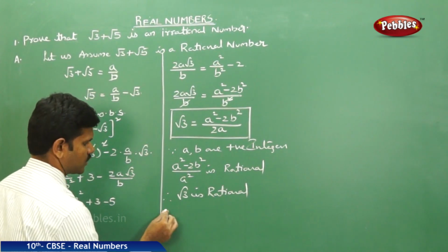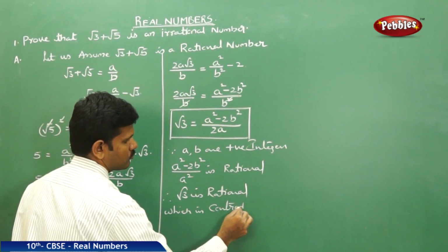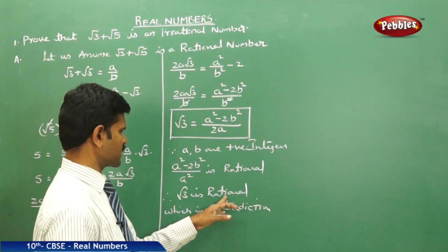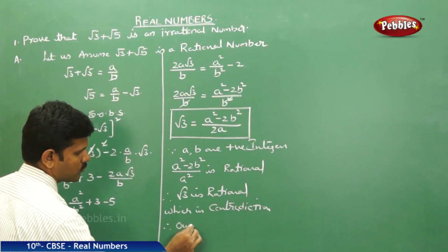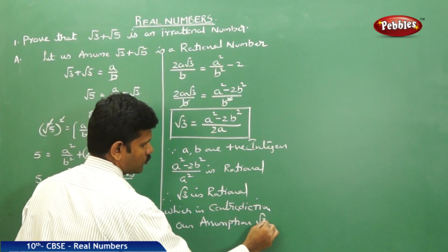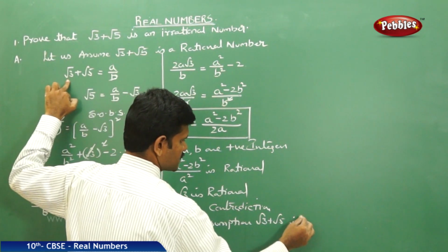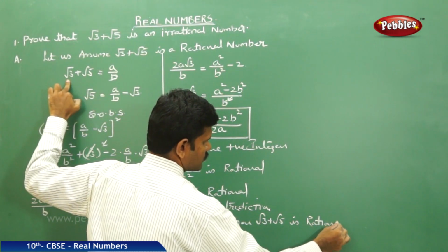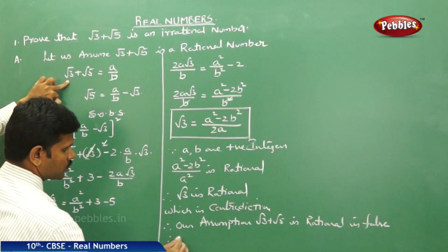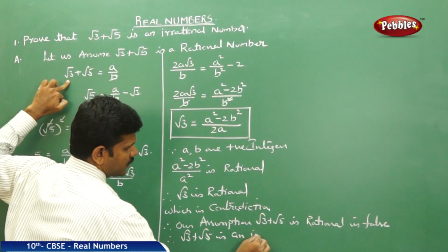Root 3 is rational, which is a contradiction. Therefore our assumption that root 3 plus root 5 is rational is false. Therefore root 3 plus root 5 is an irrational number.